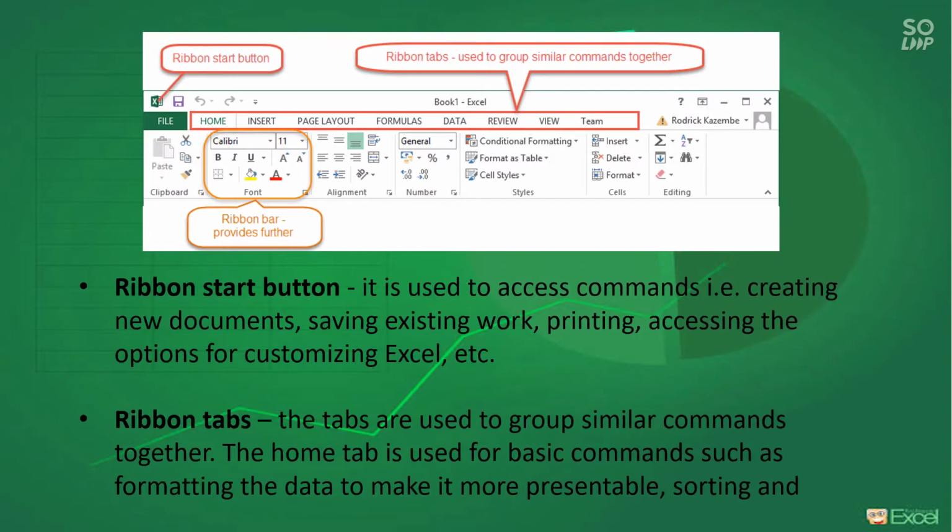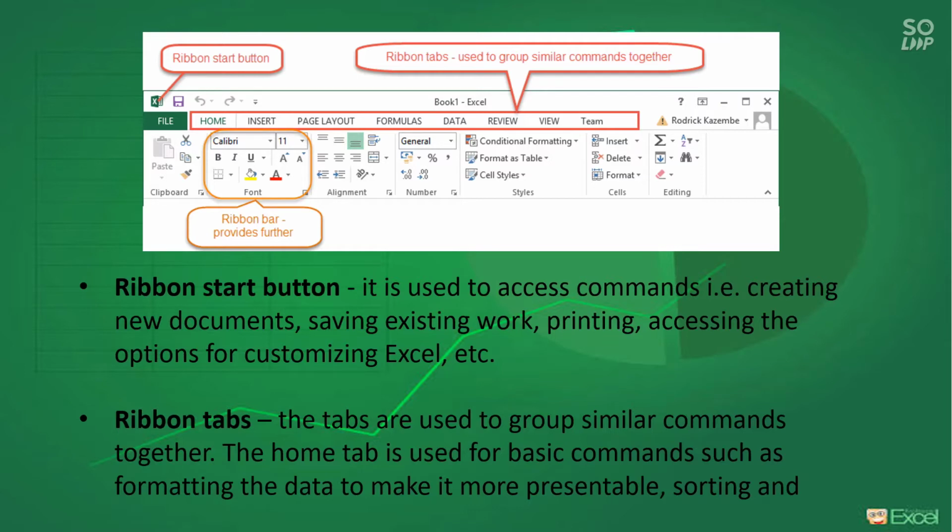As you can see in the picture, we have the ribbon start button, ribbon bar, and ribbon tabs. The ribbon start button is used to access commands, creating new documents, saving existing work, printing, accessing the options for customizing Excel, etc.